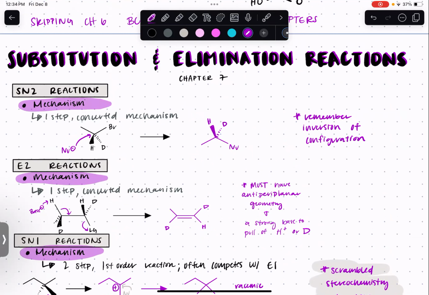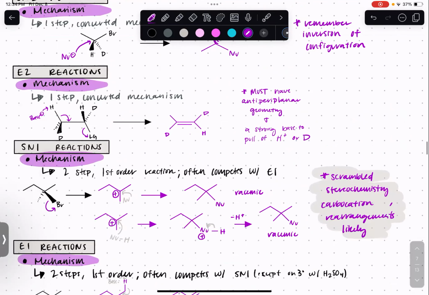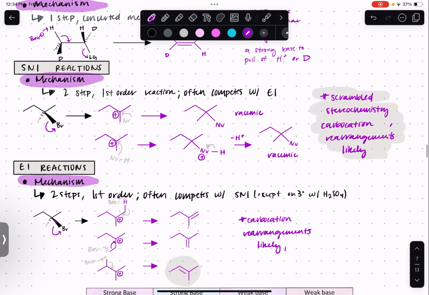We're not going to get the other enantiomer, because racemic just tells us that we get both enantiomers. With SN1, right here we have a carbocation form, and this carbocation doesn't have a side that it favors. So when my nucleophile comes in and attacks, it's going to do it from the front side, but it's also going to do it from the back side.